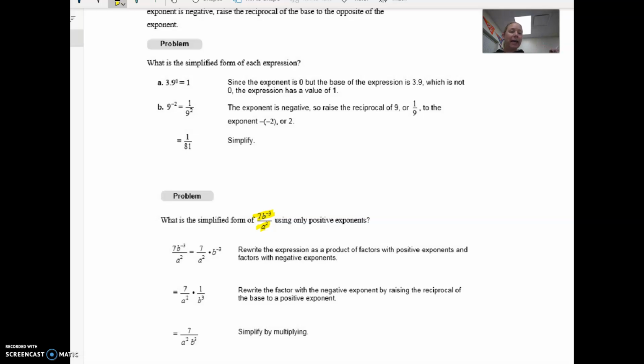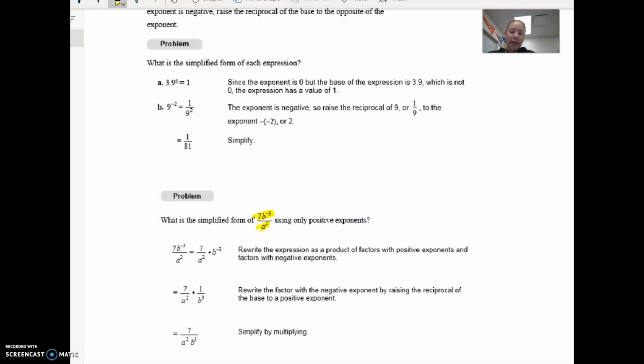You only take the reciprocal of the value that's directly with the negative exponent. So the 7 and the a squared are not related to the negative exponent, so you leave them the way they are, okay?